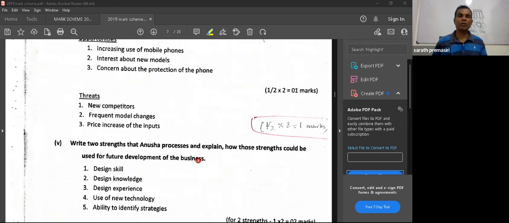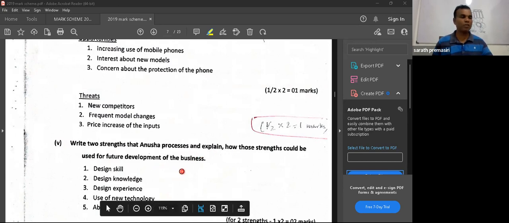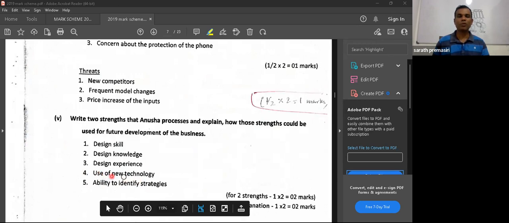Write two strengths. Now there are a number of strengths of Anusha's business. Look at those strengths. Her designing skill, it is a strength. Her designing knowledge, her designing experience. Designing knowledge, designing skill, designing experience, use of new technology.